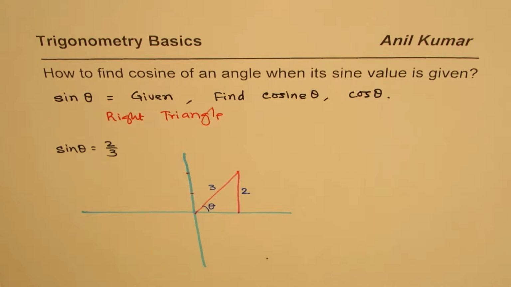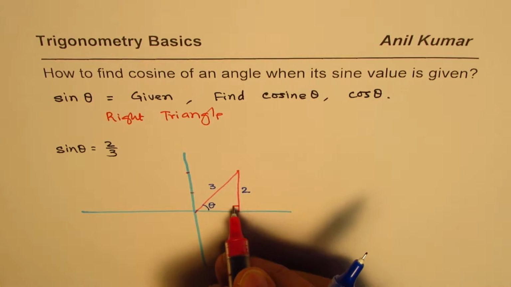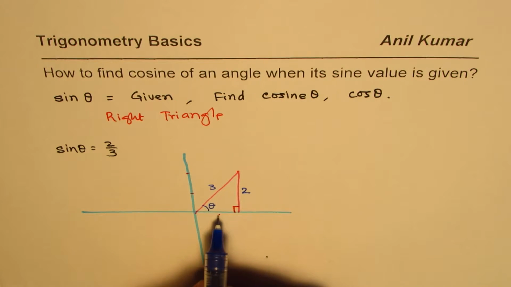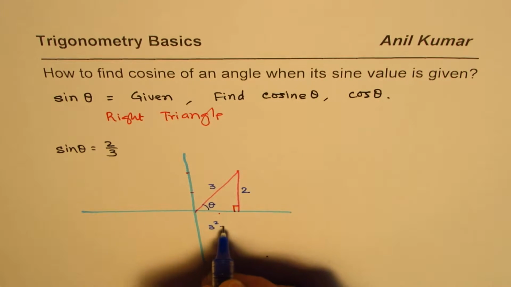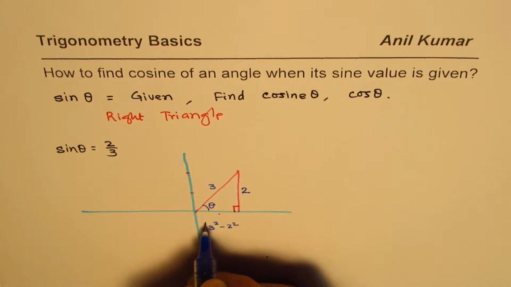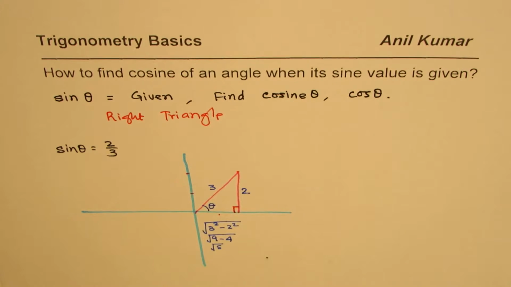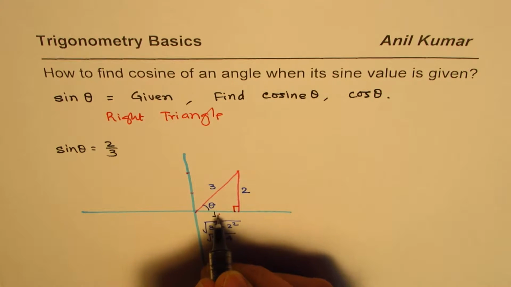Now since this is a right triangle, I can find the third side. What should be this side? Adjacent side should be the square root of 3 square minus 2 square, correct? Which is the square root of 9 minus 4, which is square root of 5. So I can write this side as square root of 5.